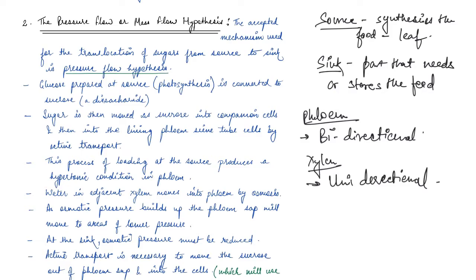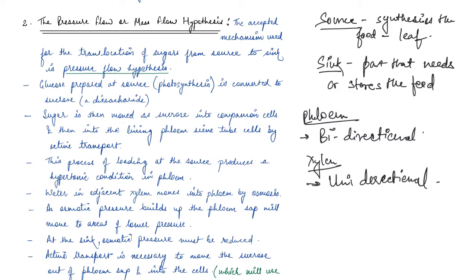So this process of loading at the source produces a hypertonic condition in the phloem. So what is happening is that in phloem, you are now getting high concentration of sucrose. And because of that, water starts moving from the adjacent xylem into the phloem. By what?